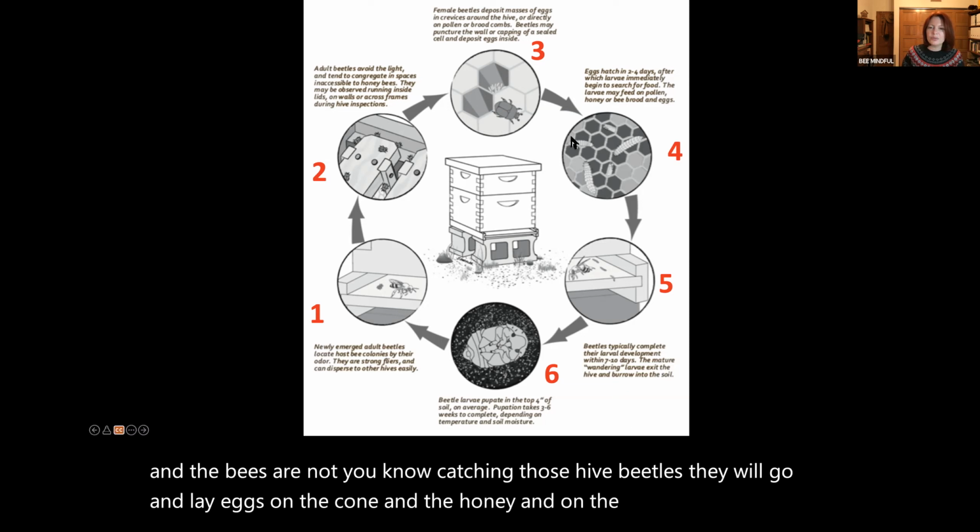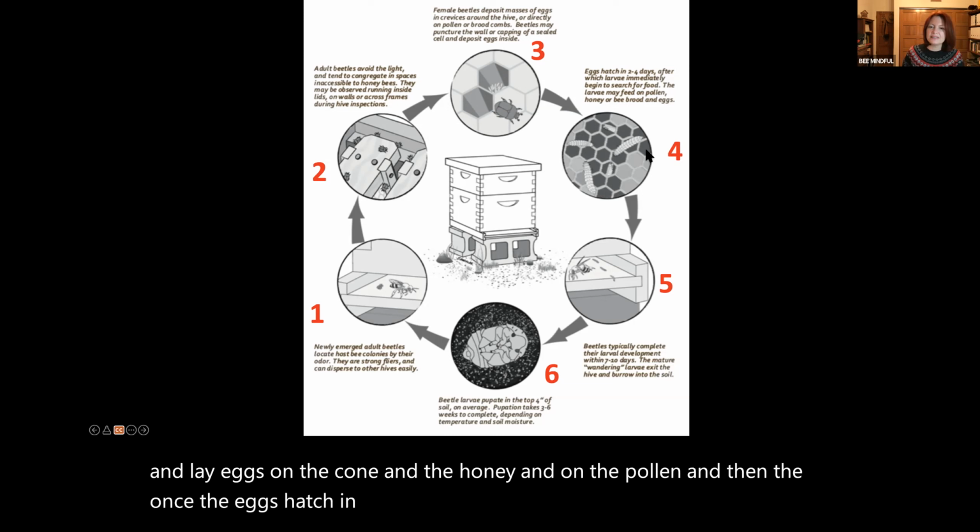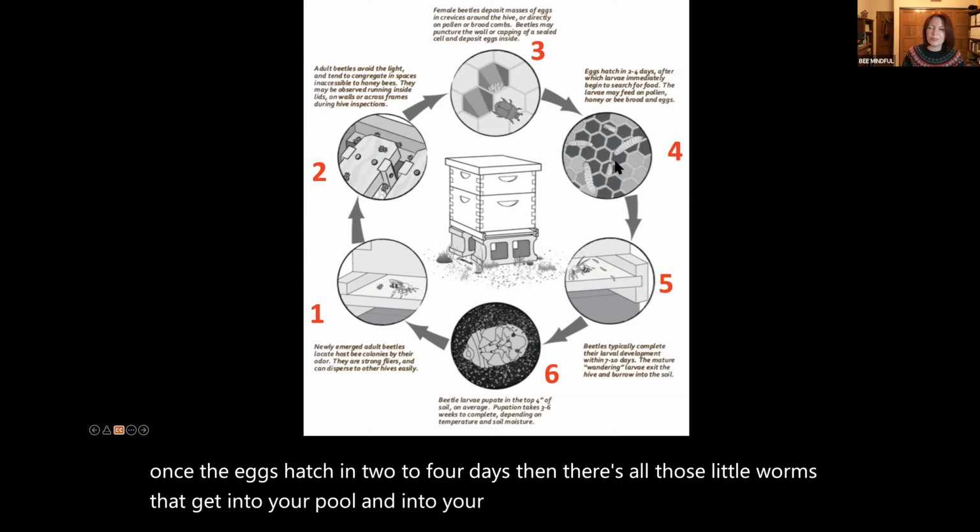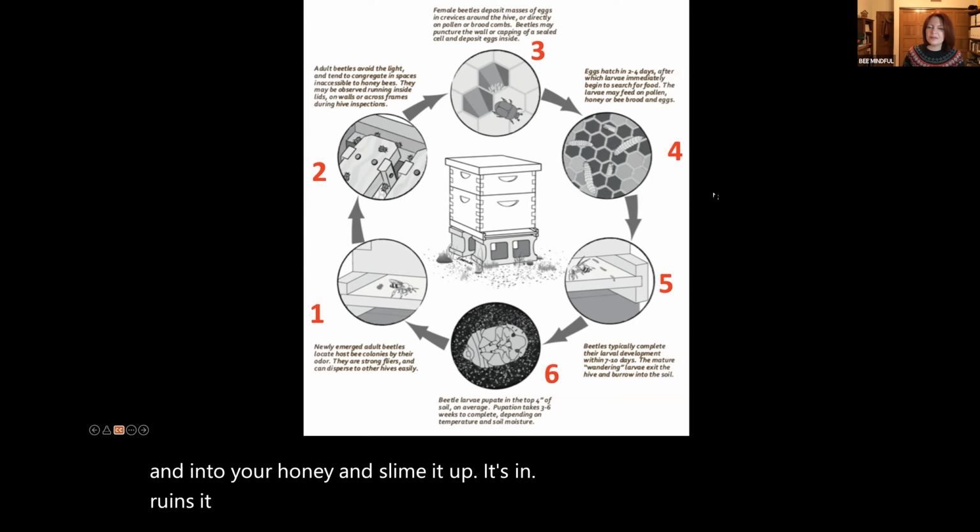And then once the eggs hatch in 4 days, there's all those little worms that get into your pollen, into your honey, and slime it up. And ruins it.